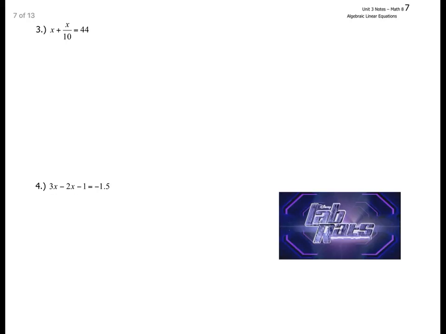Number 3, there is nothing to distribute, so we can skip that step. There's also, we do have a fraction here. You notice that this x is being divided by 10. So what we need to do is we need to multiply everything by 10.